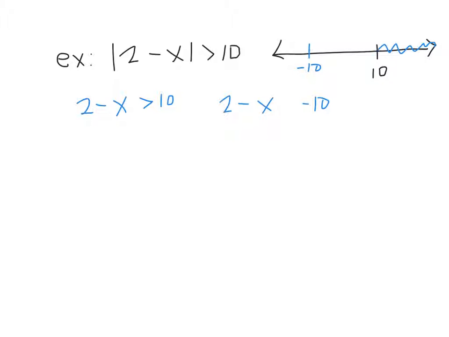So that means we want that whole quantity to be less than negative 10. Okay, so we're changing the positive to a negative, we're changing the greater than to a less than, and then solving from there. So we end up with negative 8 greater than x for this one, and here we end up with 12 less than x.